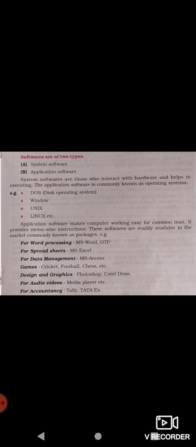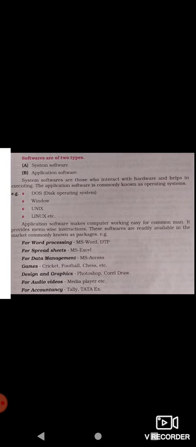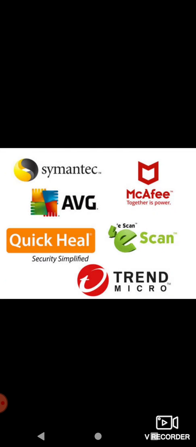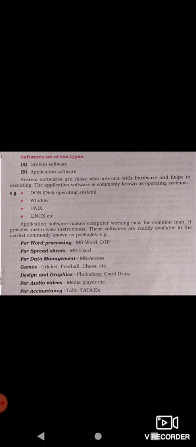Let's read. Now you will understand. Software are of two types. Remember this. Keep in mind, students, the types of software, the examples that we saw.